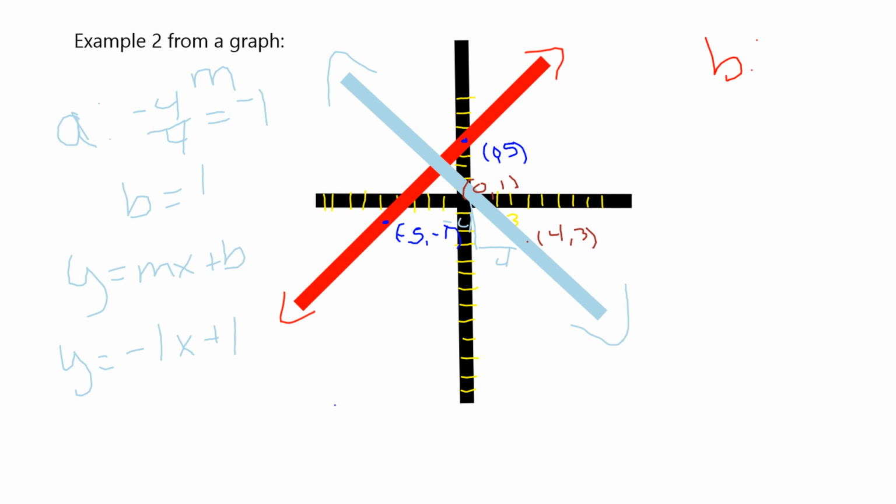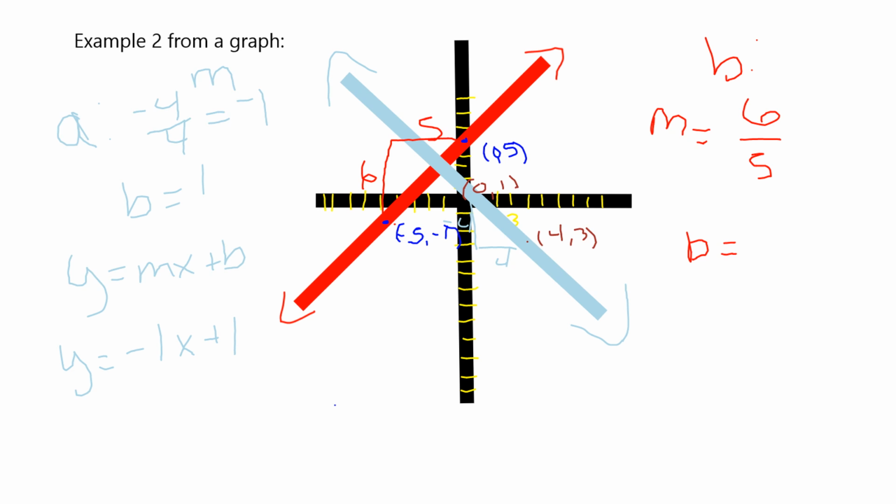Now we're going to do my B line. We're going to find the slope. So we went up 6 and over 5. So my m has a rise of 6 and a run of 5.